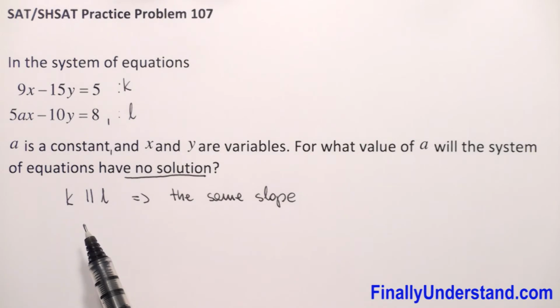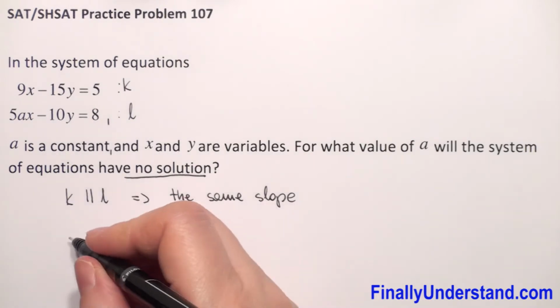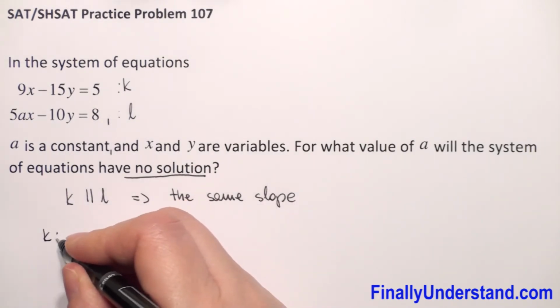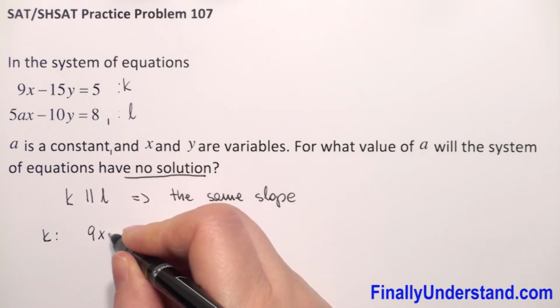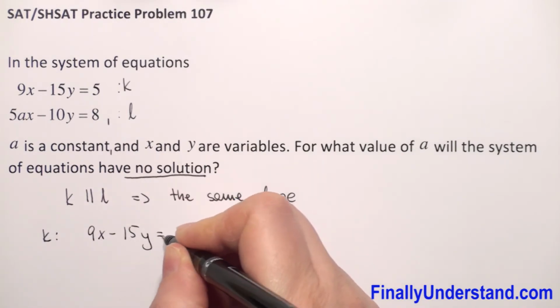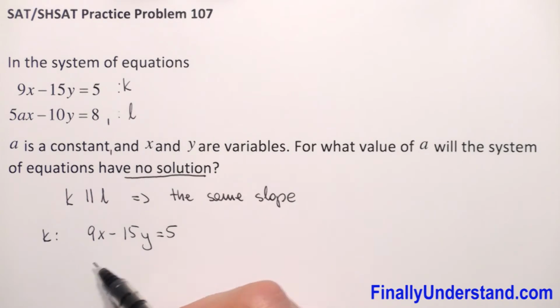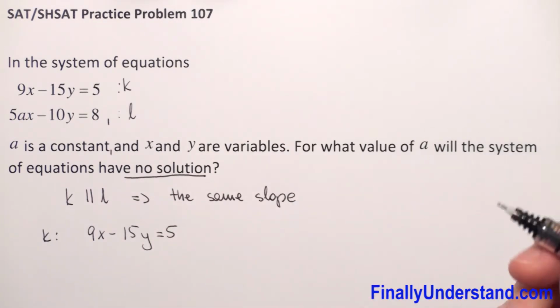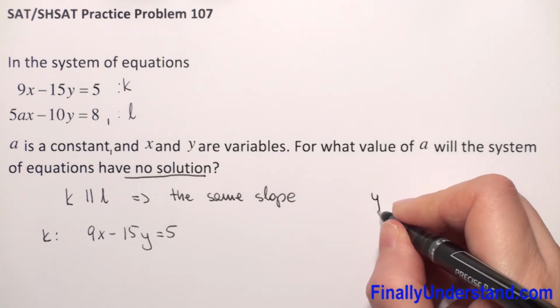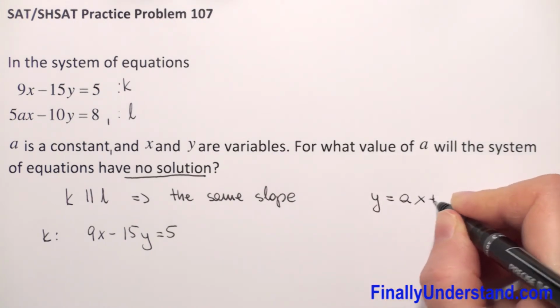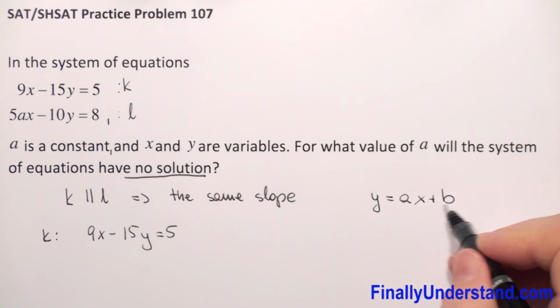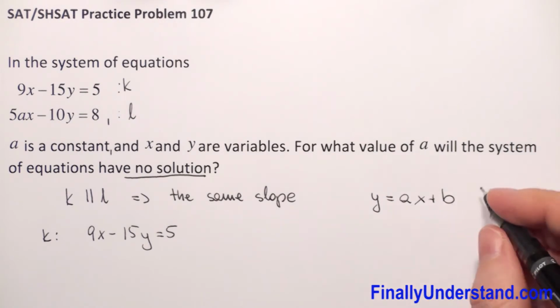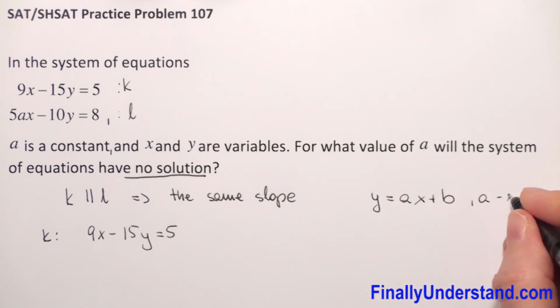So let me copy our first equation. We have line K: 9x minus 15y equals 5. To find the slope, we need to change this equation to the form y equals ax plus b. In this form, the coefficient before x is always our slope.